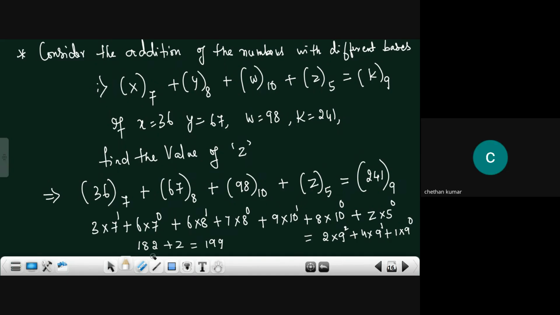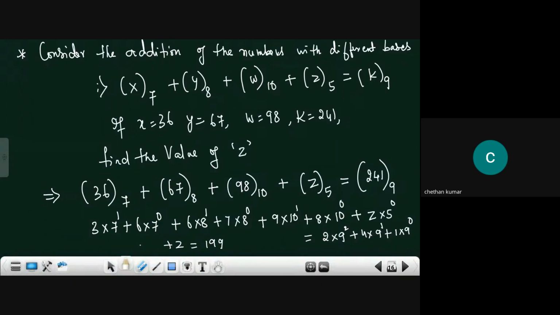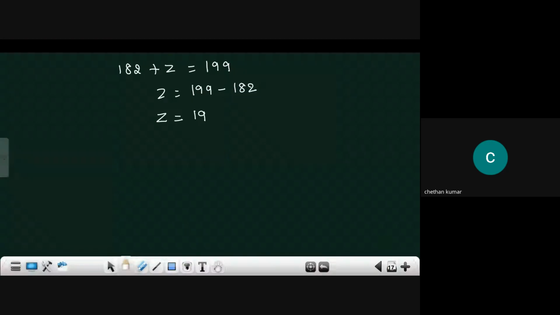This is 181, huh? Okay. This is a 181. 180 plus Z is equal to 199. Okay, 199 minus 180. What is the result is?